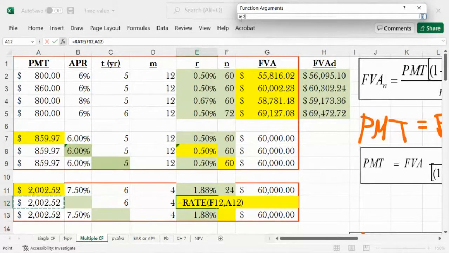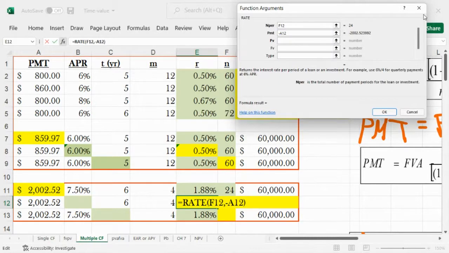This is the payment, and I told you to make this negative because the payment is actually cash outflow from your perspective, right? From the bank's perspective, it's cash inflow. But at the end, the bank will have to give out 60K to you. So there will be cash outflow for them.